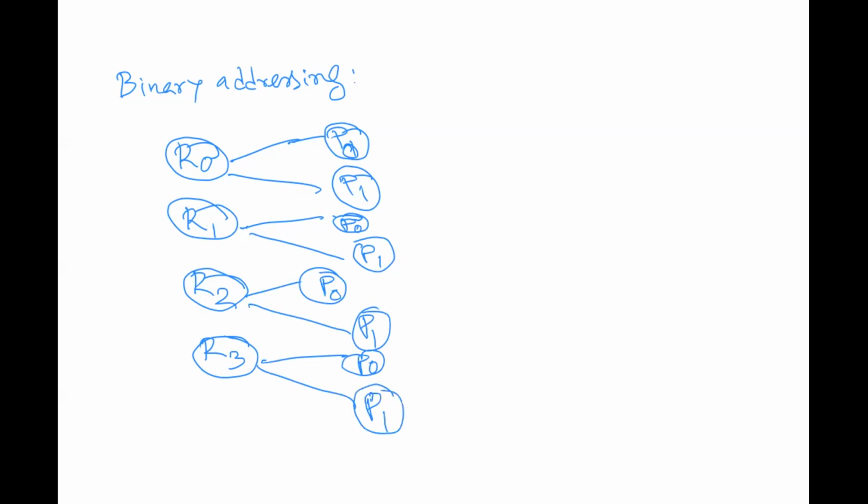And each park has, let's say, two gardens, G0 and G1.